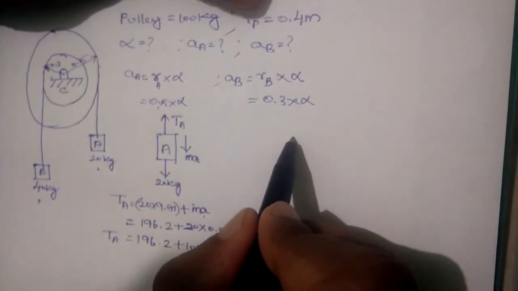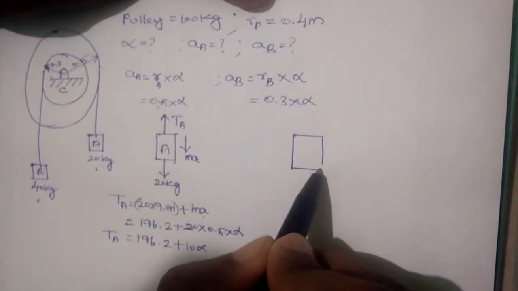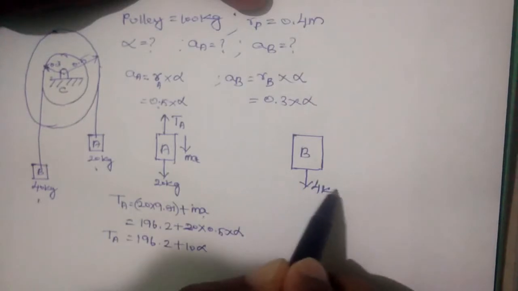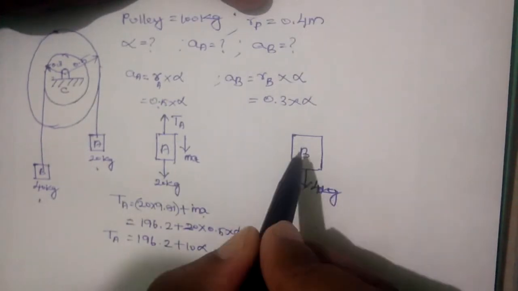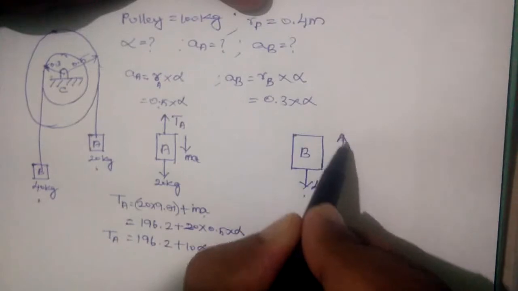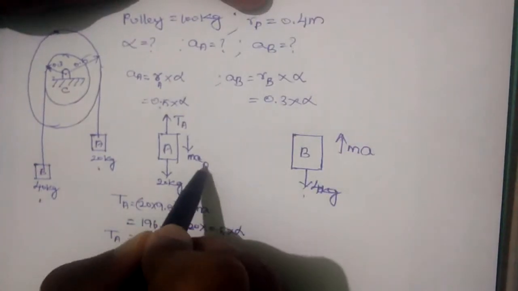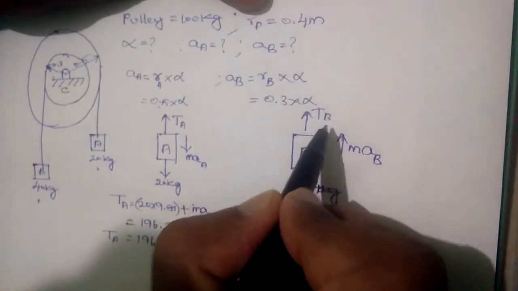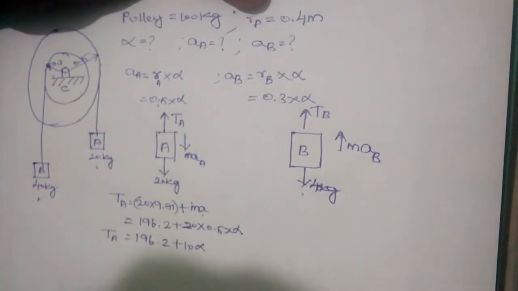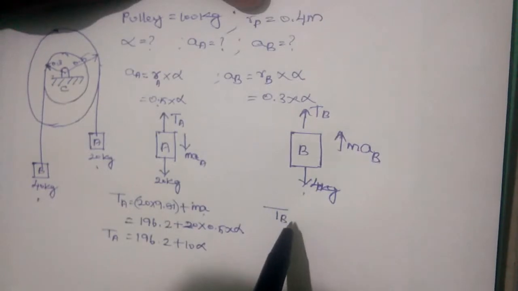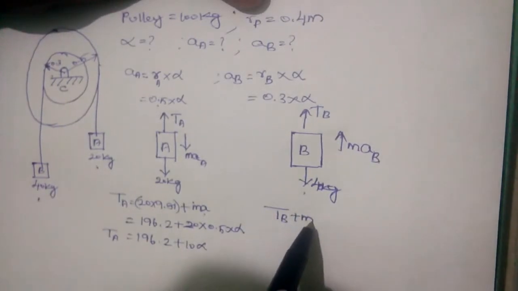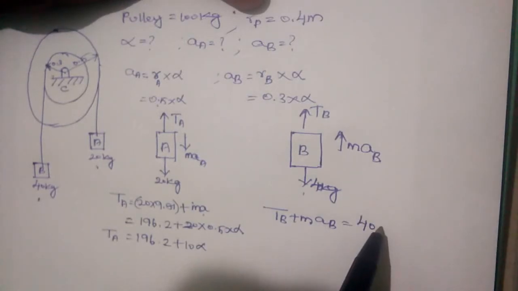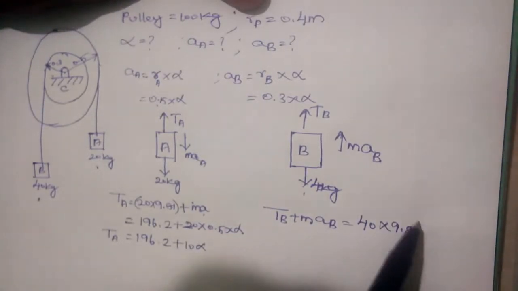Now the free body diagram of cylinder B. The weight of cylinder B acts downward, 40 kg. Since cylinder B moves downward, inertia force acts upward, mass into linear acceleration, and TB is the tension in the string. Therefore TB plus M into A of B is equal to 40 into 9.81.